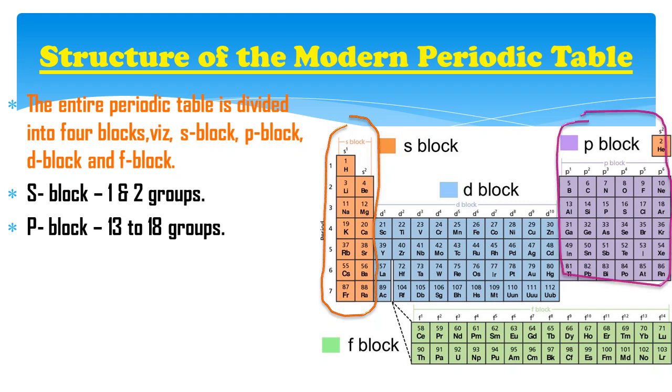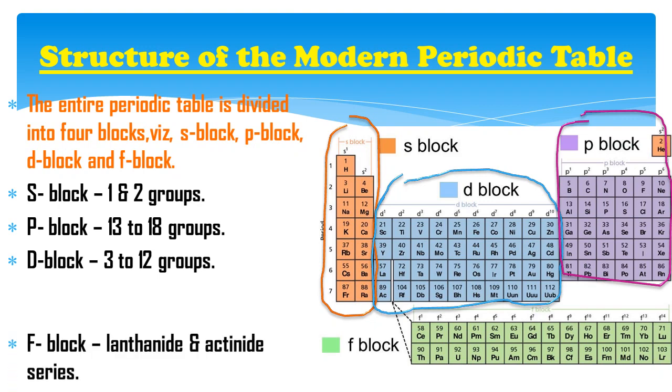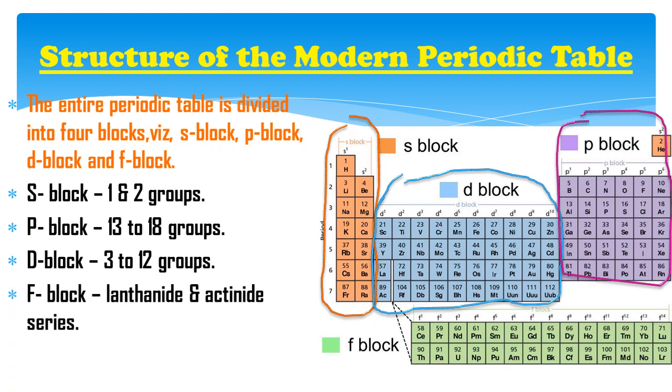In the middle of the S and P blocks is the D block, which contains groups 3 to 12. And last is the F block, which contains the lanthanide and actinide series.